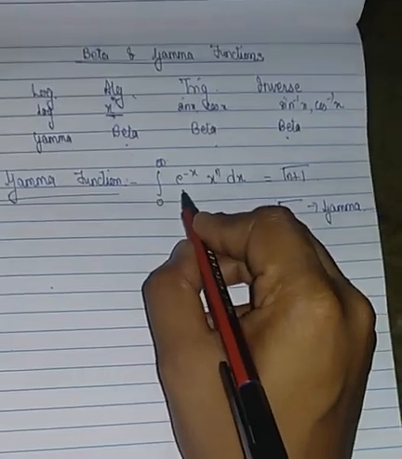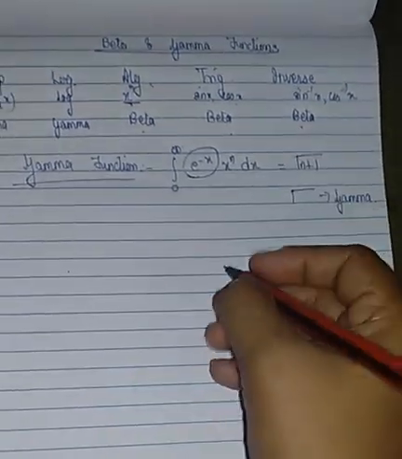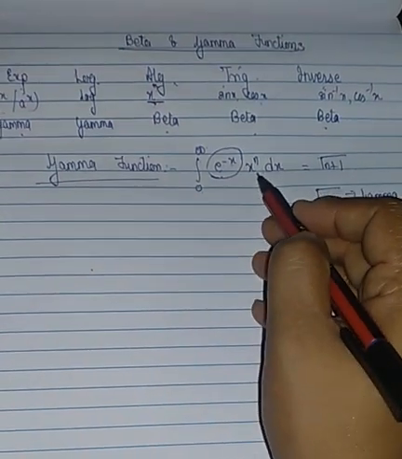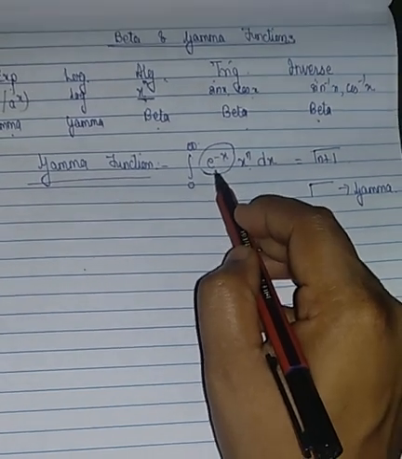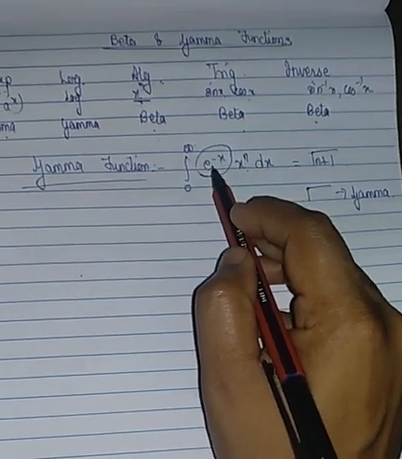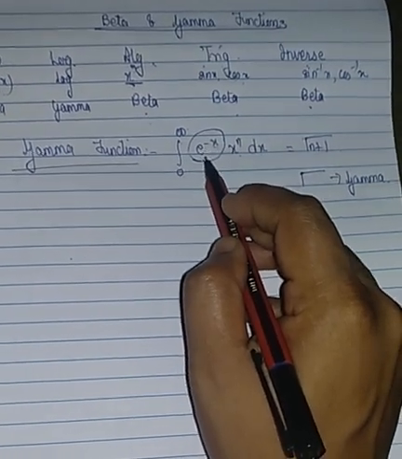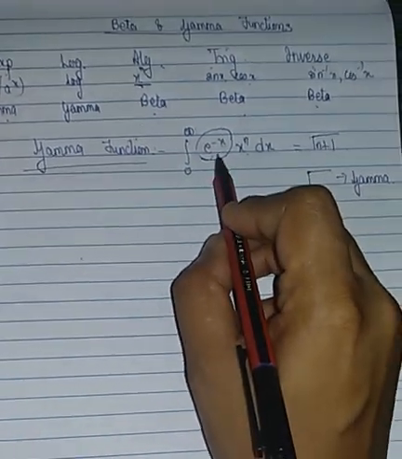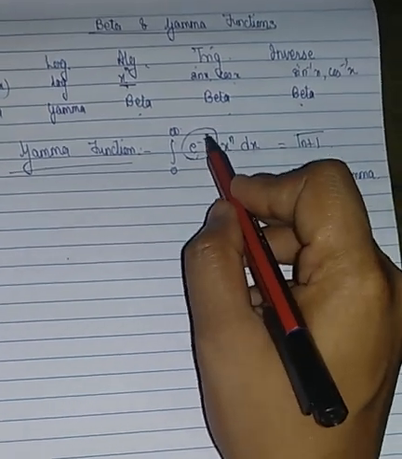The most important thing I should be interested in here is this exponential term. In this term, as you can see, it is an exponential into algebraic, but I'll be interested only in the exponential term. In my exponential term, it should be e raised to minus x. Whenever I have a gamma function, or whenever I have an exponential or a log, I'll be interested in the exponential term or the log term rather than the algebraic one.